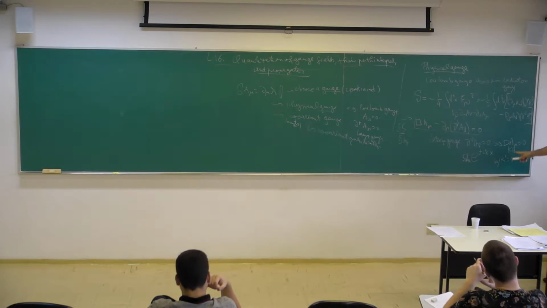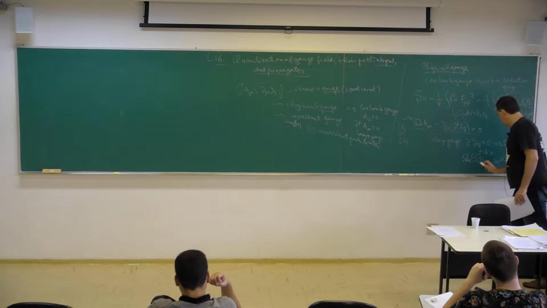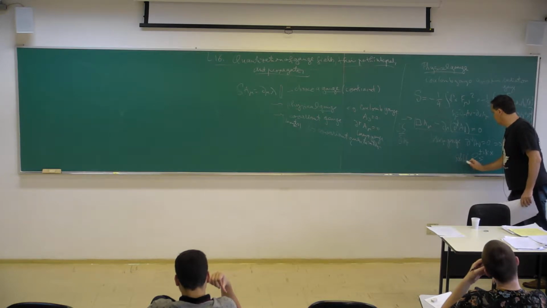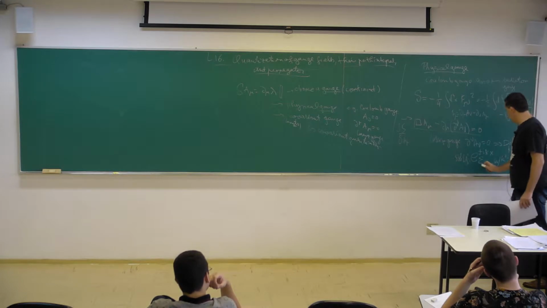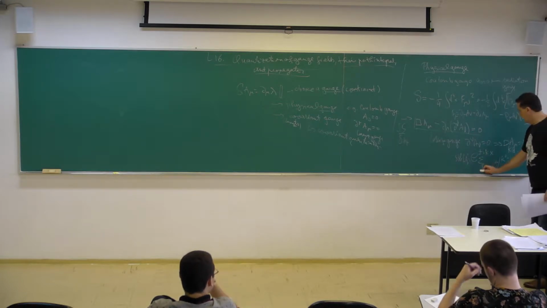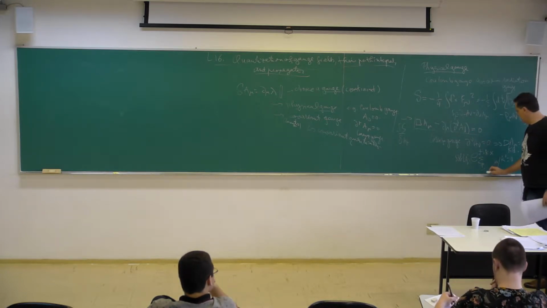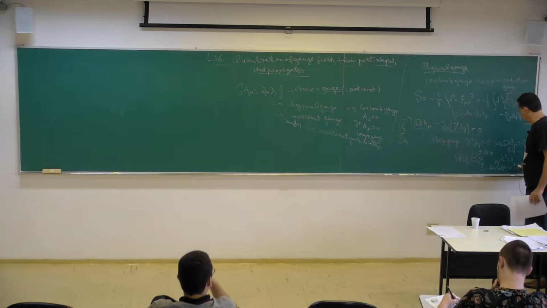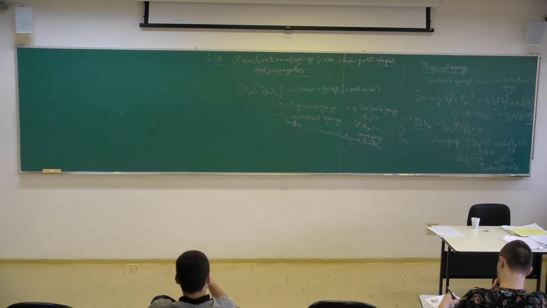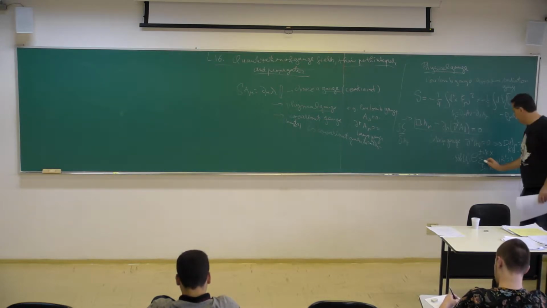That means that if I consider a solution for A_μ, I have to consider also some vector that will be called a polarization vector. And this vector has to depend on k.